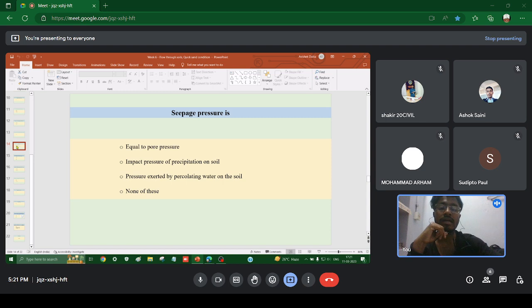Next question. Seepage pressure is equal to pore pressure, impact pressure of precipitation on soil, pressure exerted by percolating water on the soil, or none of these.